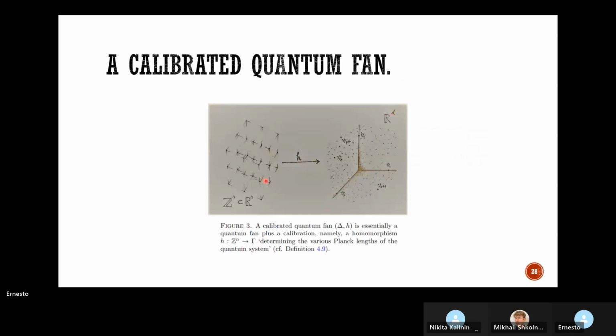So here is H, and this is a calibrated quantum fan, and here there is a little bit of J. I could mark this point and this point, and maybe not mark this point. And marking some of these points, I would get a full calibrated quantum fan. And it determines various Planck lengths on the quantum system. So you are meant to imagine that this is truly microscopic.